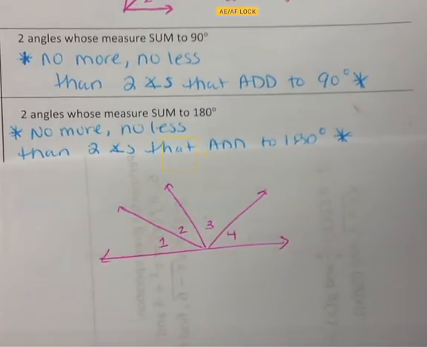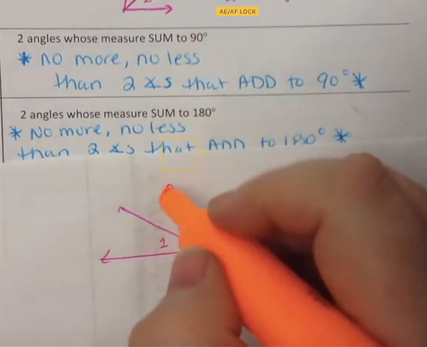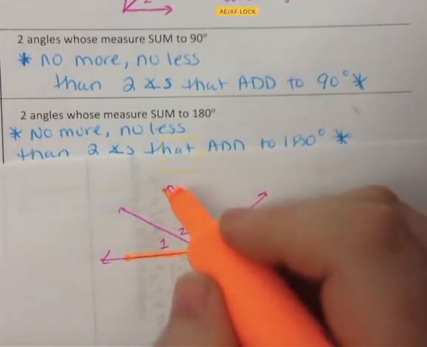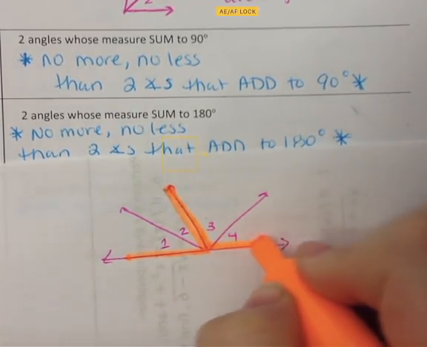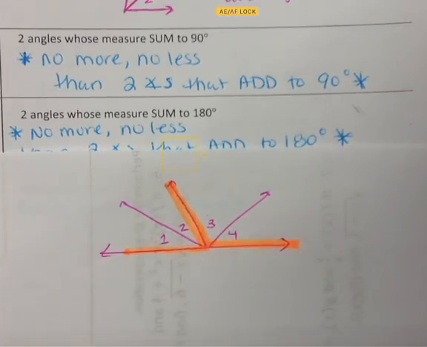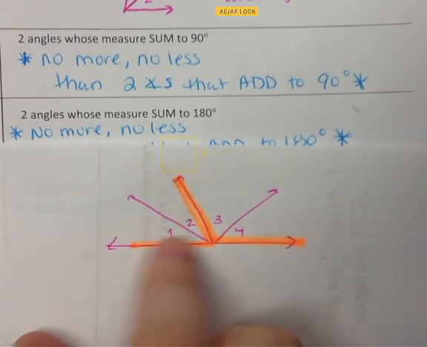I could, however, figure out what this angle is called, and then figure out what this angle is called, and add those up to be 180 degrees, and those two would be called supplementary. Those two would be called a linear pair, the ones that are highlighted in orange.